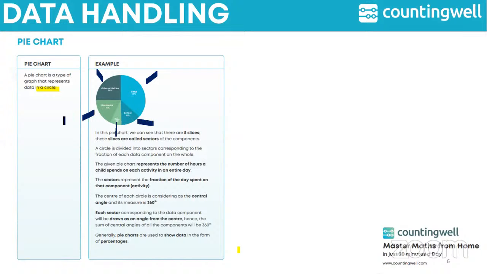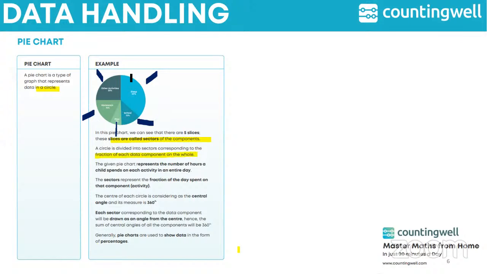There are 5 colors shown here for this pie chart. We can see the slices are nothing but the sectors of the components. The circle is divided into sectors corresponding to the fraction of each data component on the whole.